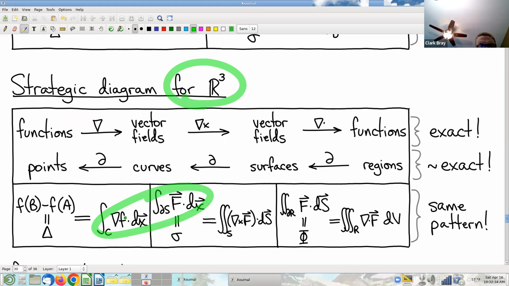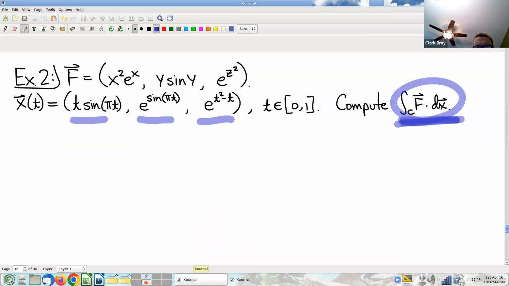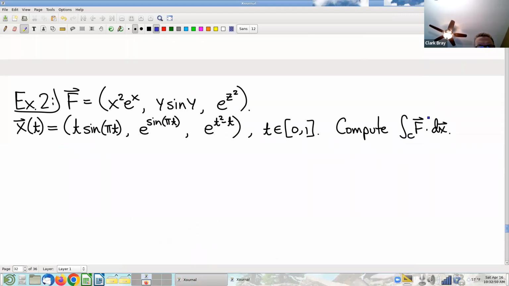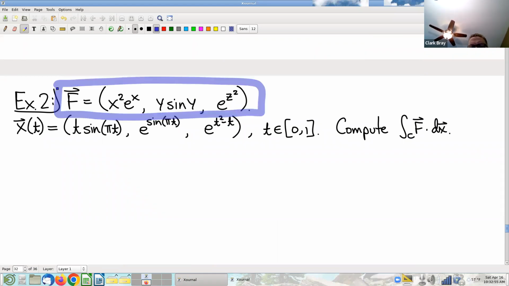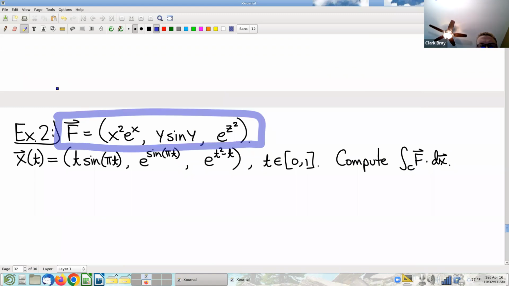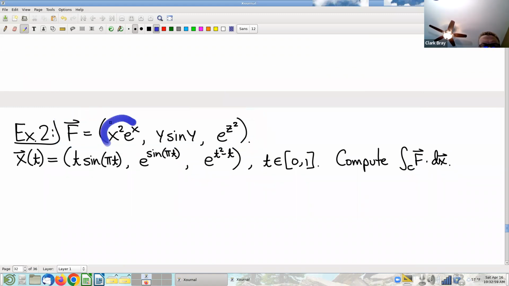In order to decide if there's an anti-gradient, I should take the vector field I'm given and compute the curl of it and see what I get. I can do this super fast, though, because there's an easy observation to make: there's only x's in here, only y's in there, and only z's in there.